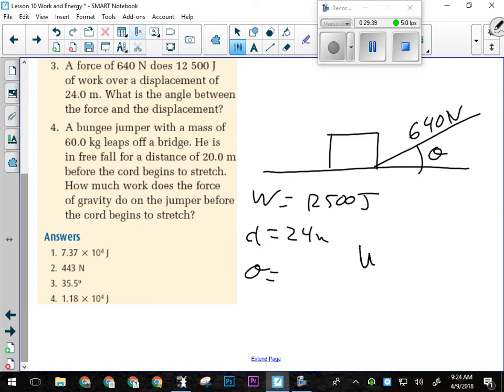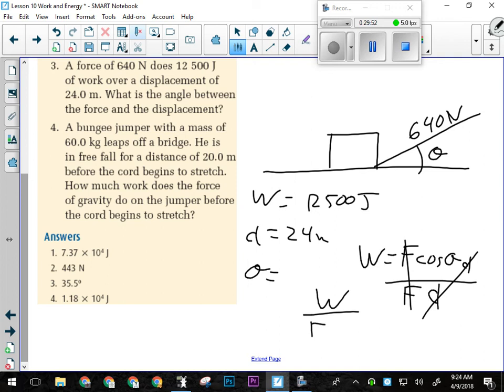Similar thing here, work is F times the cos of theta times d. So if I want to get theta by itself, I'm going to divide both sides by force and distance. So I'll have work over FD equals the cos of theta, and then I just go cos to the minus 1 in order to get theta on the other side. So it just becomes a trig thing.